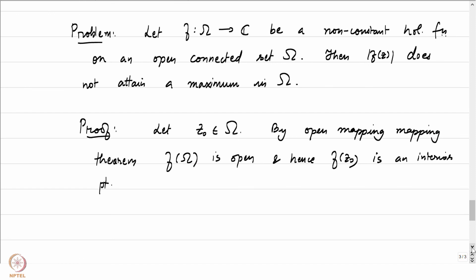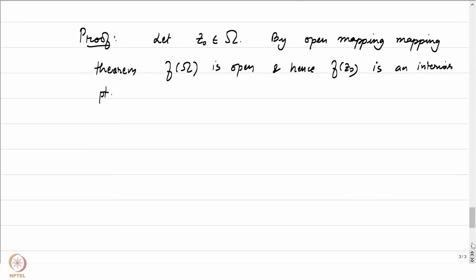Let's now pick some neighborhood of f of z0 whose closure is contained in f of omega. Let r greater than 0 be such that the closure of the disk of radius r around f of z0 is contained in f of omega.